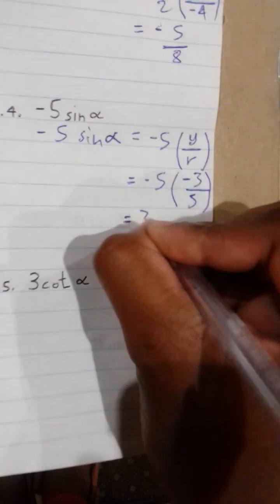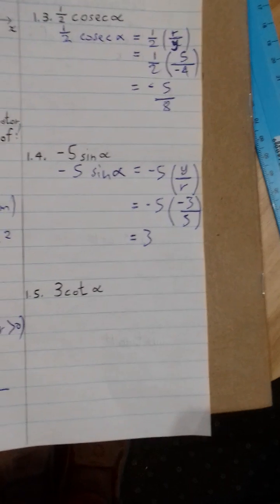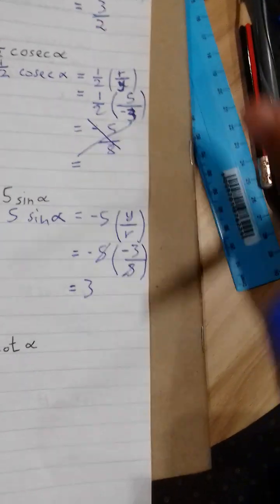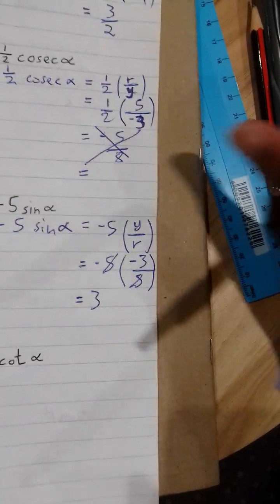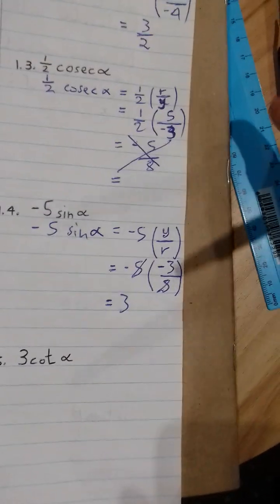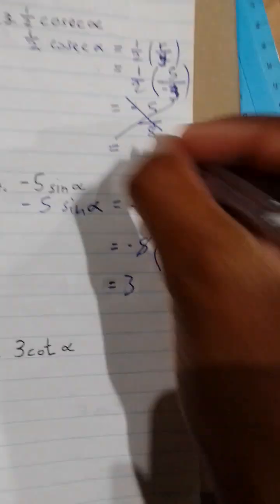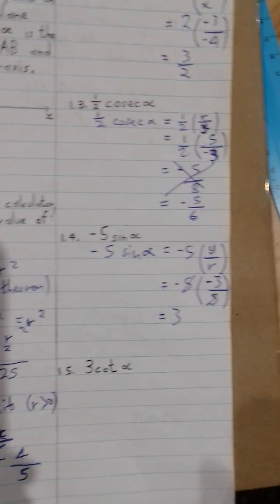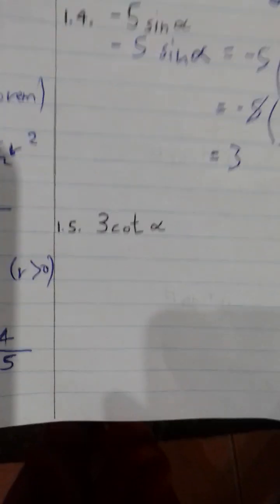I'm getting positive 3. Yeah. This goes, negative times negative is positive. On the previous solution, y is negative 3. It's not negative 4. I don't know where my mind is at. So half of negative 5 over 3, negative 5 over 6. Oh my, I don't know what's going on.